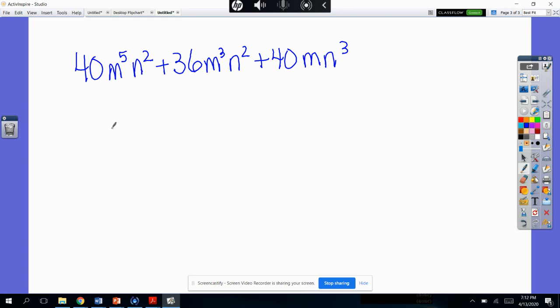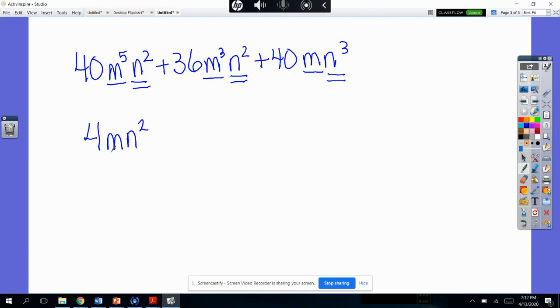First we look at the biggest number that can divide into all of these: 40, 36, and 40. That's going to be a 4. Then I look at m's: 5, 3, and 1. The most that any of them have in common is 1, because you only have 1 here. And then I have 2, 2, and 3 n's, so they all have at least 2 n's.